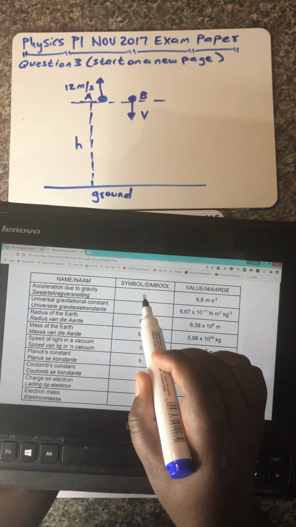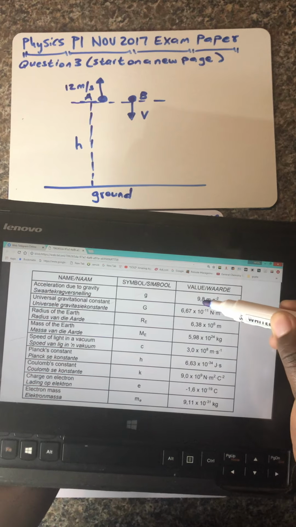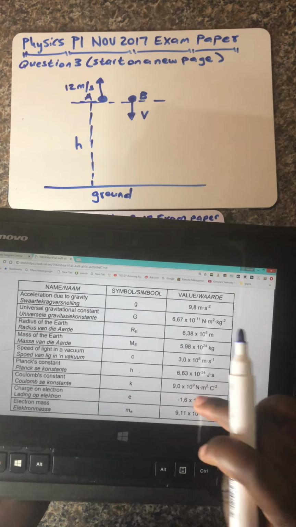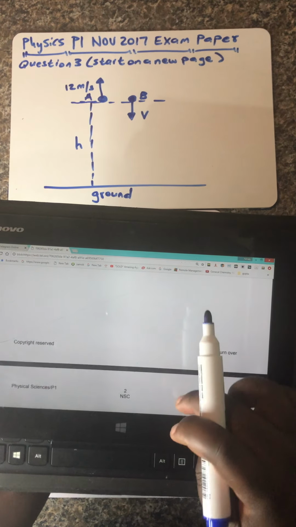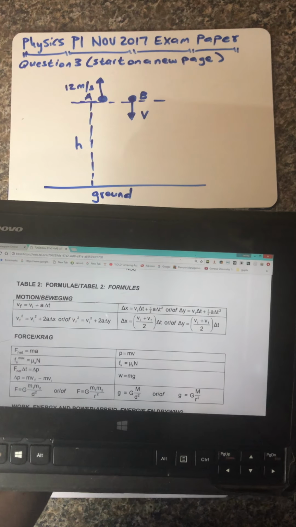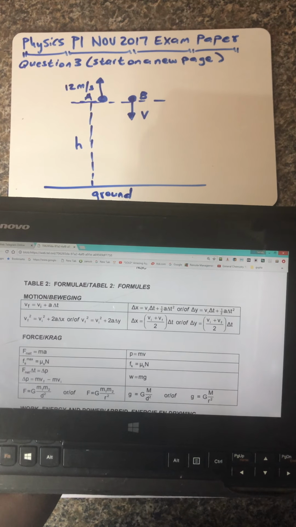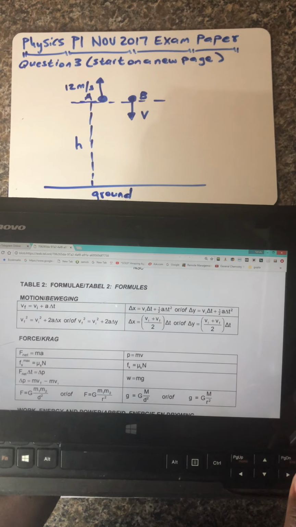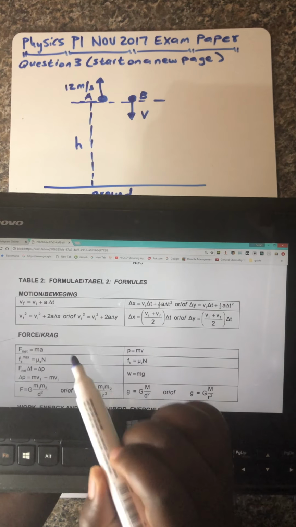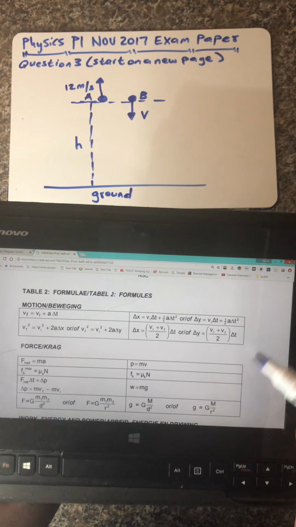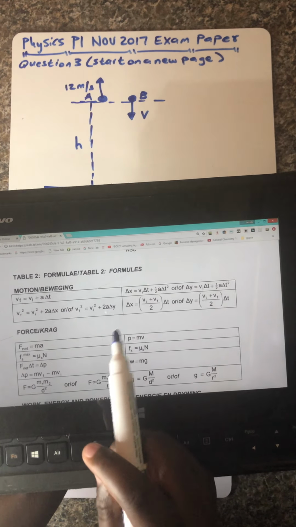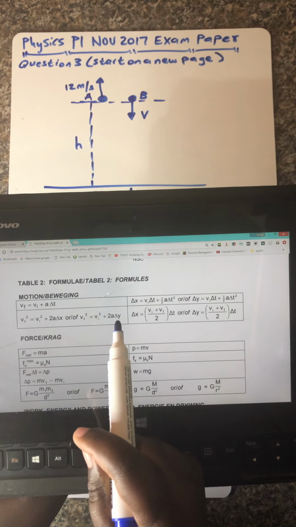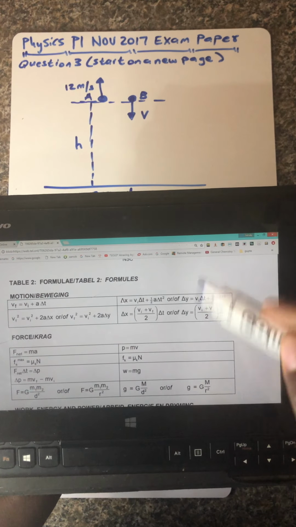So you can see your gravity there, you must use 9.8 meters per square second. Now we need to choose the formula. Remember, these objects are moving vertically upwards, so in terms of changing displacement, we'll be focusing on change in y because it's moving vertically upwards.